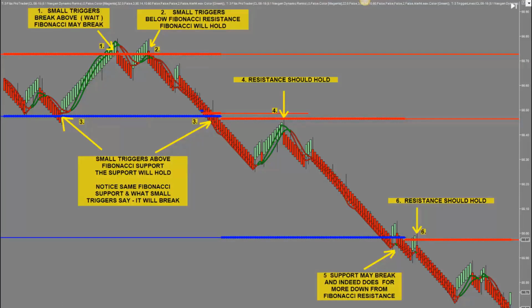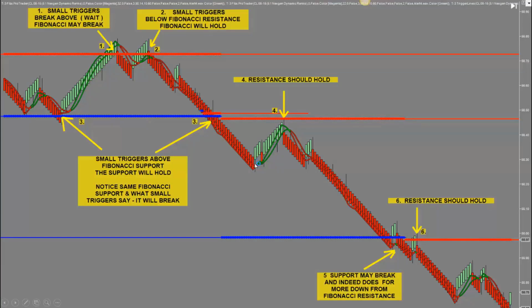Anytime the market makes a very strong push into a Fibonacci area, meaning 20, 30, 40 bars with the trigger lines crossed down, you have to wait for the triggers to roll up, because a lot of times the triggers will break through. And when we break through a Fibonacci area, we will continue to trade in the direction of the trend.